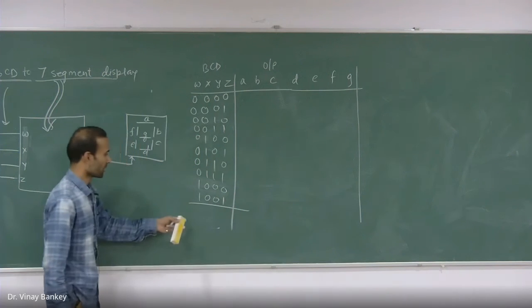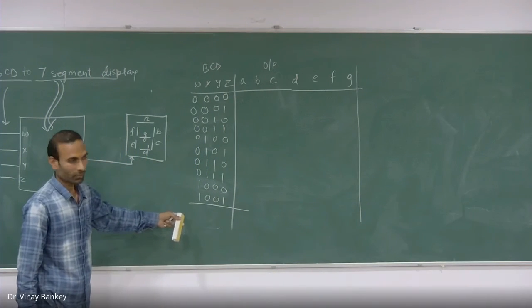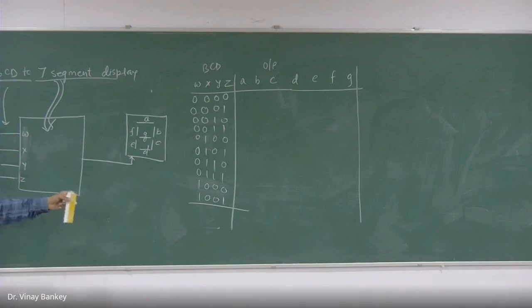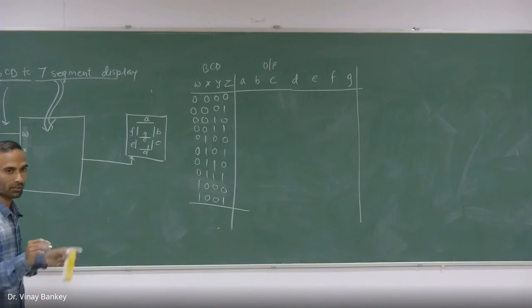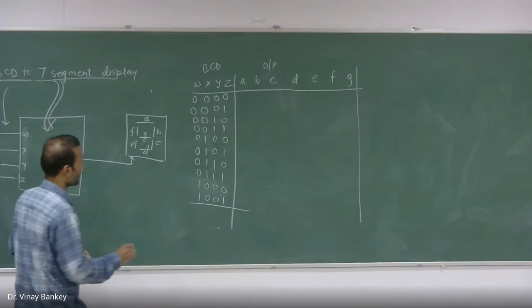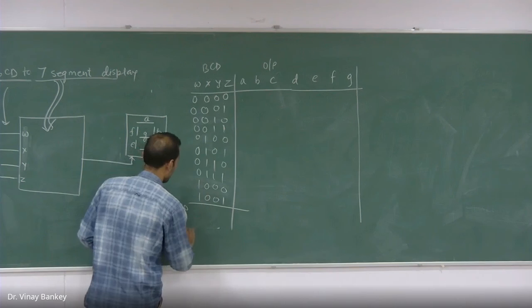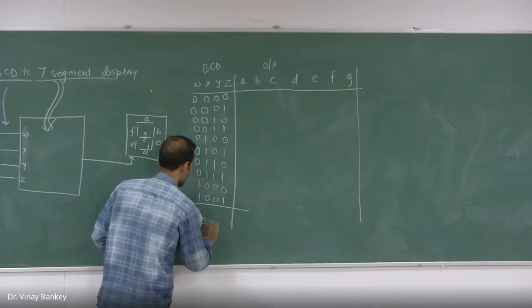And the remaining will be the don't care states. In the similar way to what we did in the previous question, if the question says to use the don't care, you can use it, otherwise you can leave it as it is. You can fill the 0 in place of these. So from 10 to 15, I suppose these are don't care.